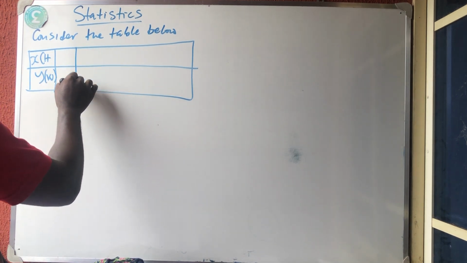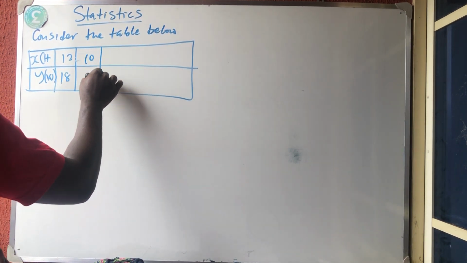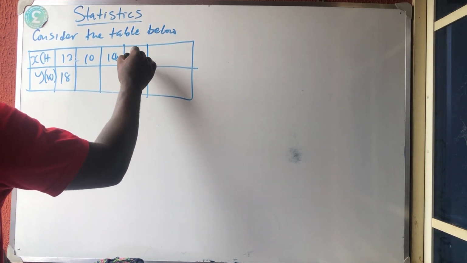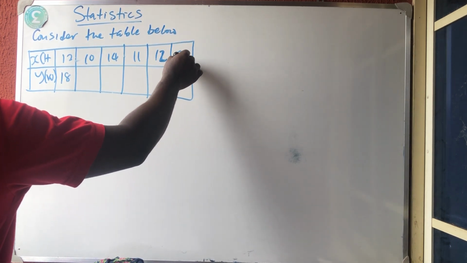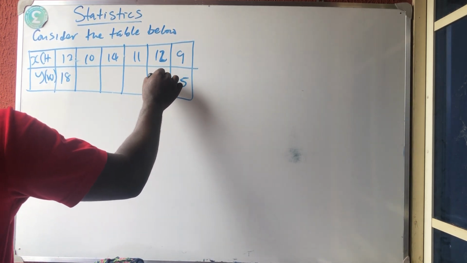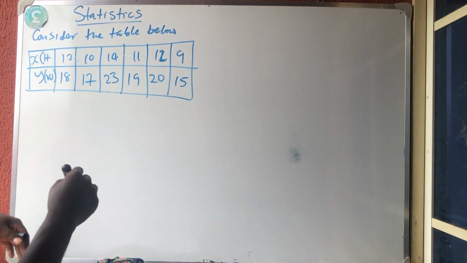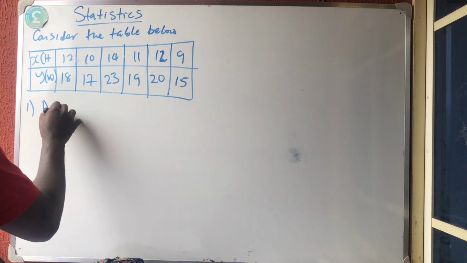I'm having 12 and 18, 10 and 10, 14, 11, 12, 9, 11, 12, 11, 12 and 9. So I'm having 15, 20, 19, 23, 17.